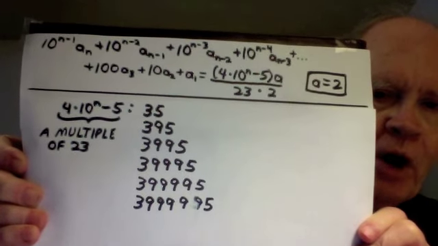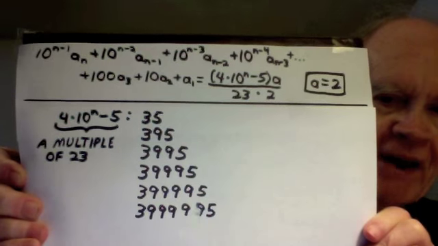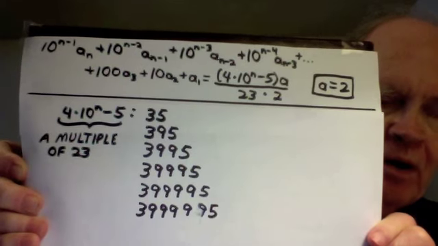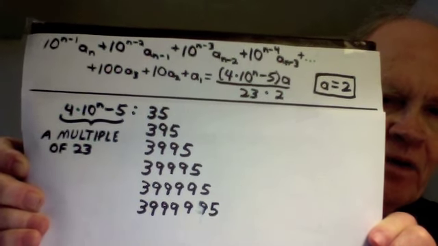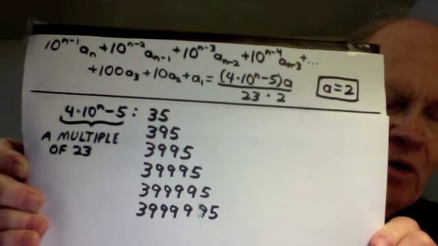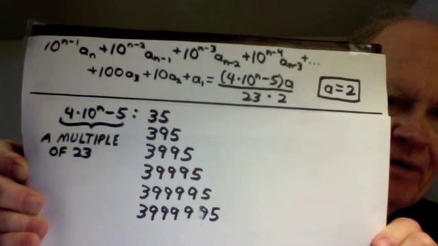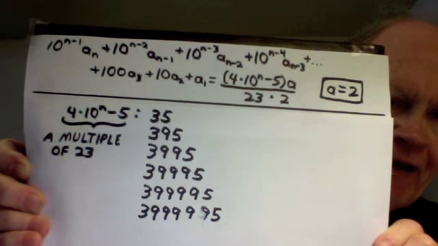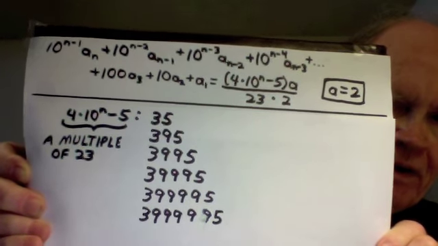We now focus on the multiplier with A, that expression in parentheses, 4 times 10 to the n power minus 5. We have established that it must be a multiple of 23. We do not know the value of n. If n were 1, the value of that would be 35.